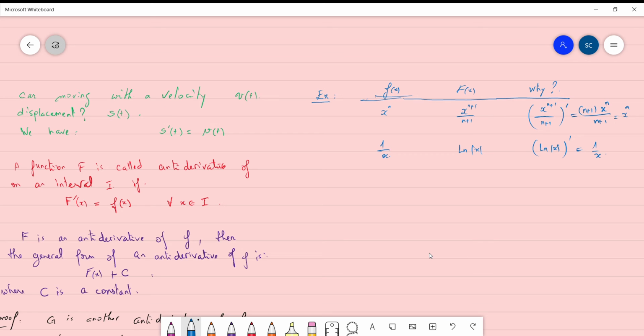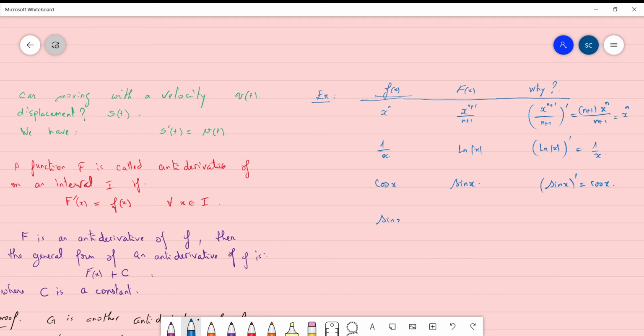For cosine x, if I derive sine x, I get cosine x. So an antiderivative of cosine x is sine x. What about sine x?